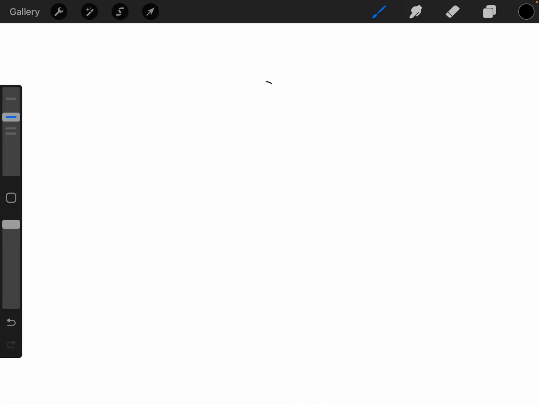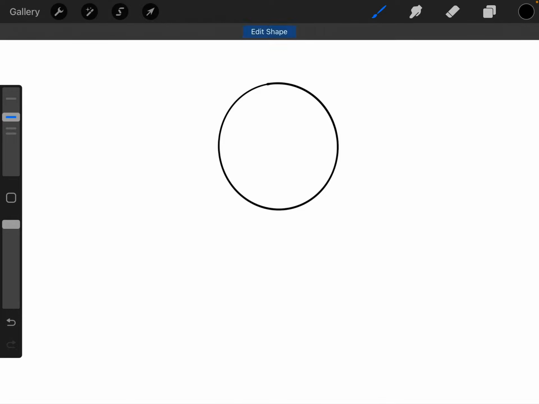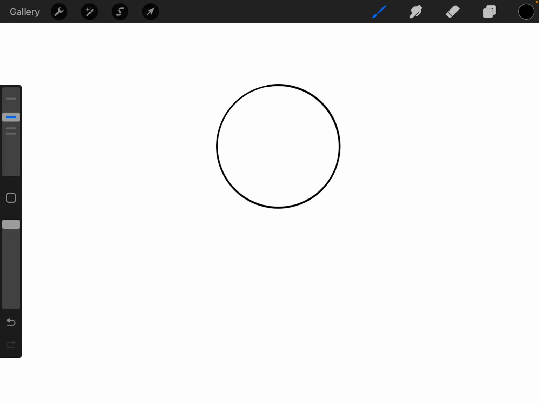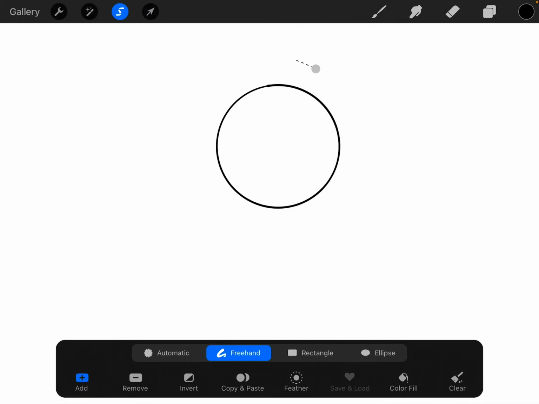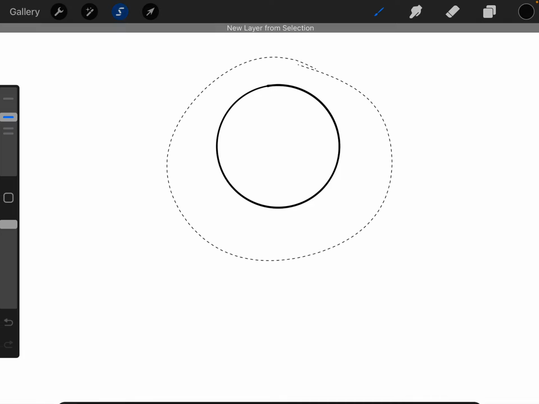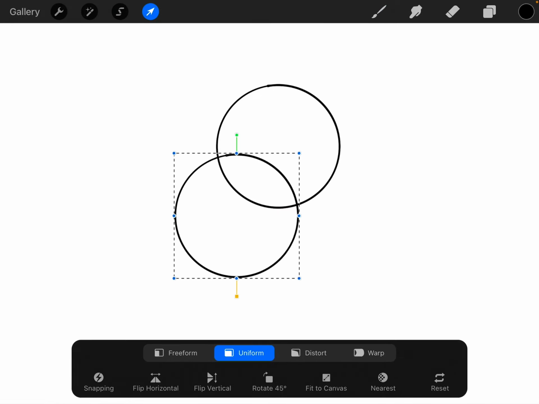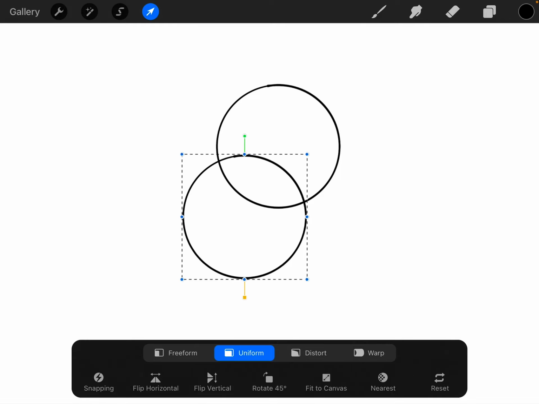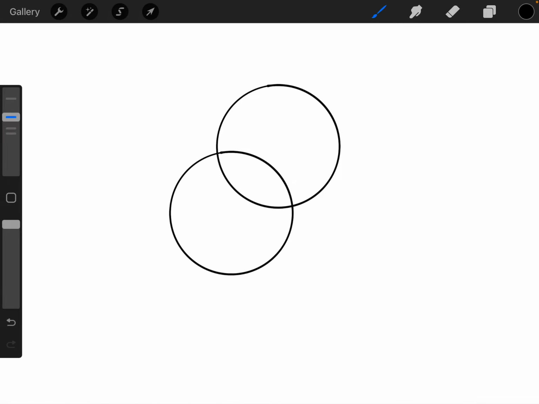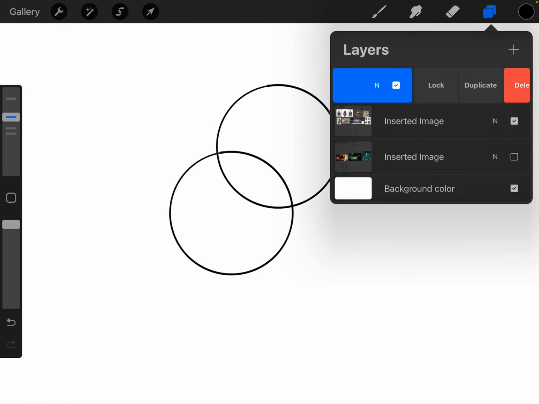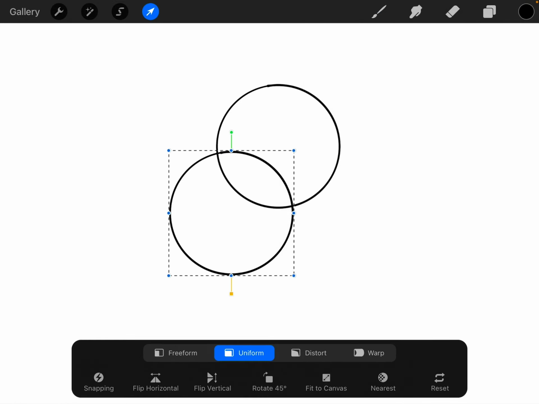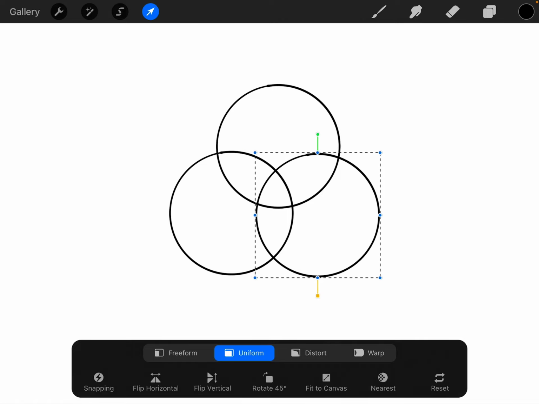Look, if you do this, I make a circle, edit shape, circle, look, here. Just want to show you this, it's so nice, here, look. Put this guy over here, then I do another time this, duplicate, here.